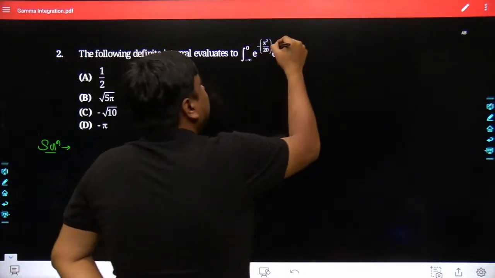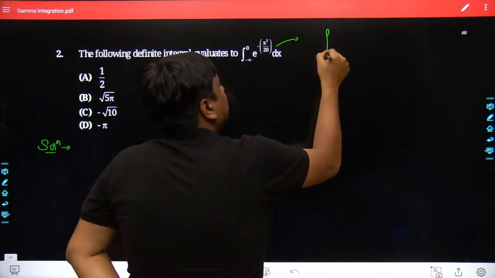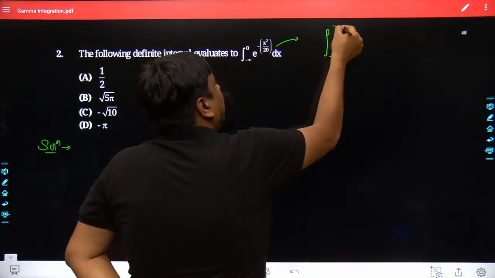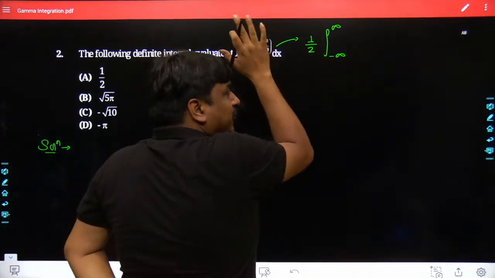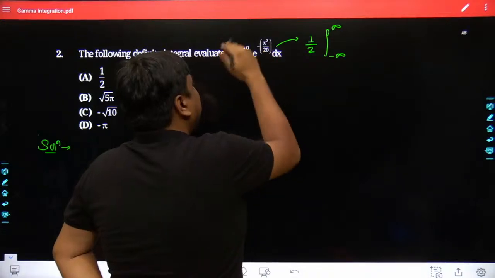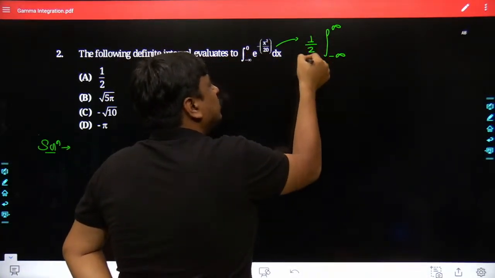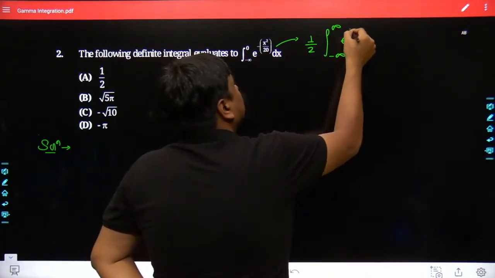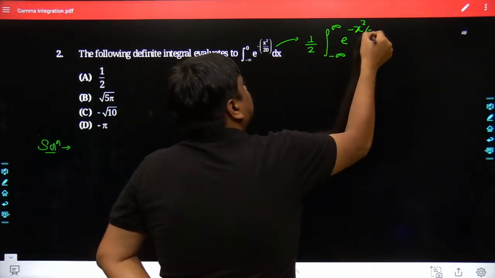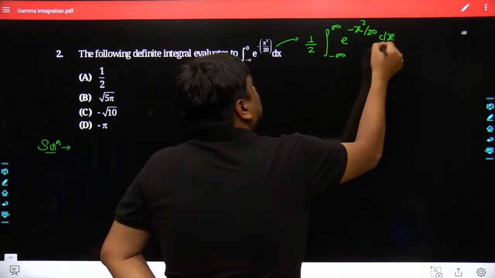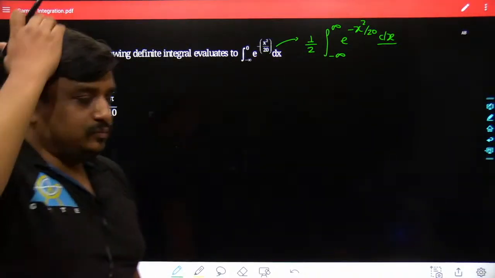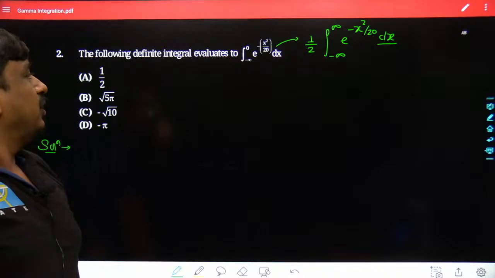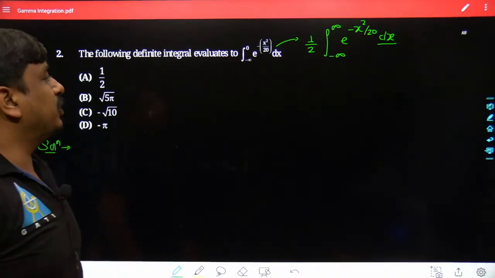Or you could have done it in a better way, you could have taken the integration from minus infinity to infinity. Obviously, as we are interested in finding its area on either side, here I was interested in the left hand side, so what you can do, you can take half over here and here goes e to the power of minus x square divided by 20 dx. Agreed? Could you understand what exactly I wanted to communicate over here?